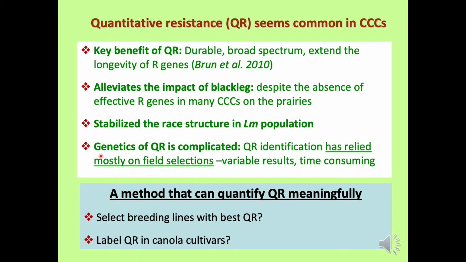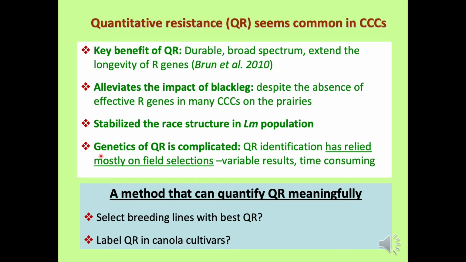identification of a QR is not an easy thing because of the complex genetics of it. And industry mostly relies on extensive field trials to select a QR, which is time-consuming and sometimes with variable results due to the impact of the environmental conditions on the QR traits.